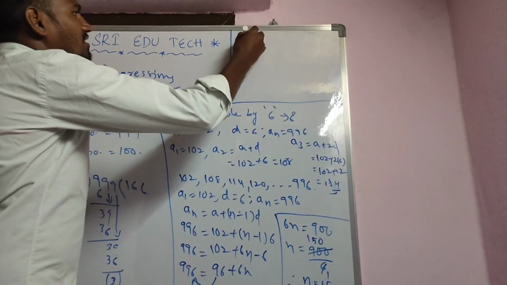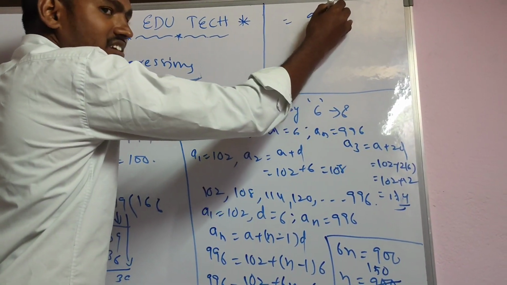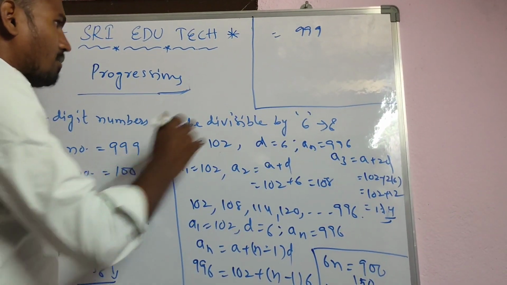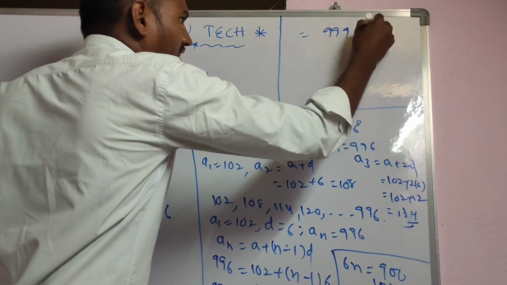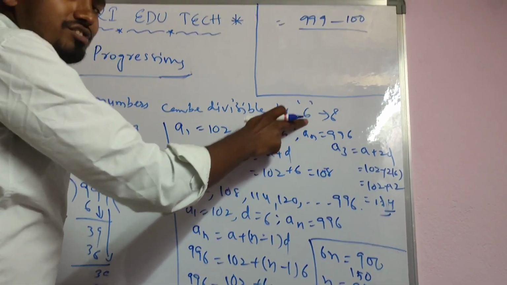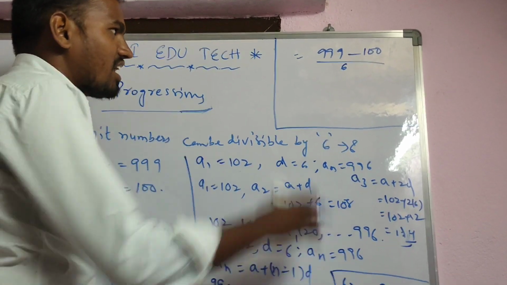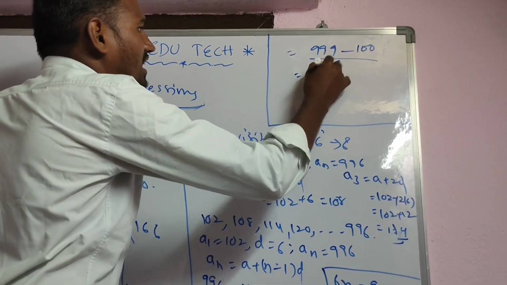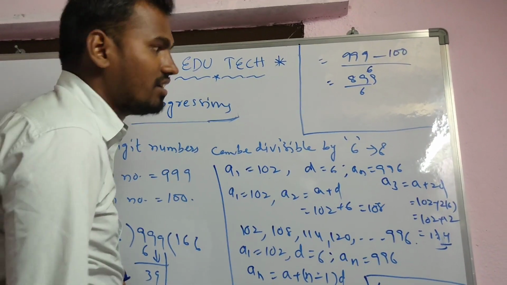The greatest number is 999, minus the smallest number 100, since the question gives divisibility by 6, divide 899 by 6.